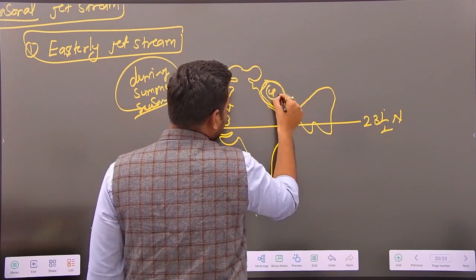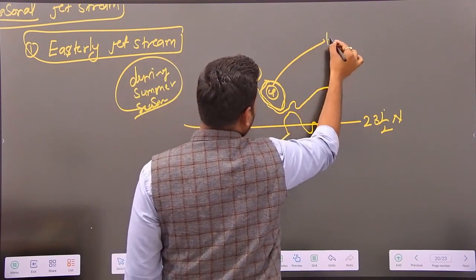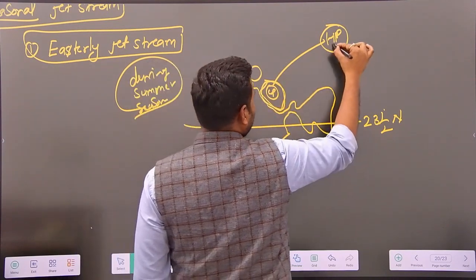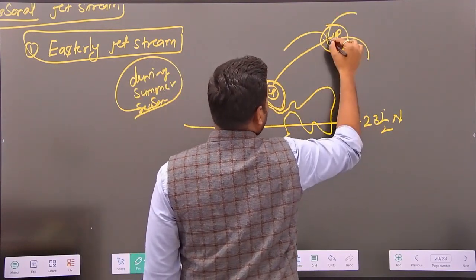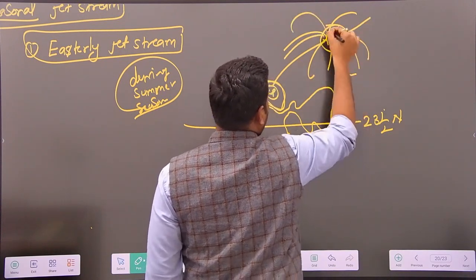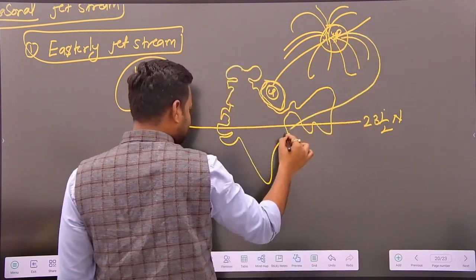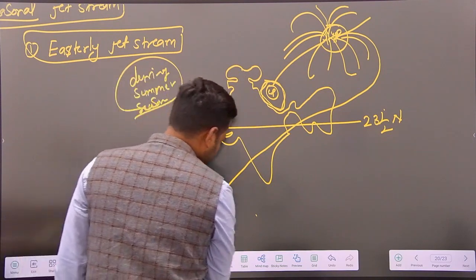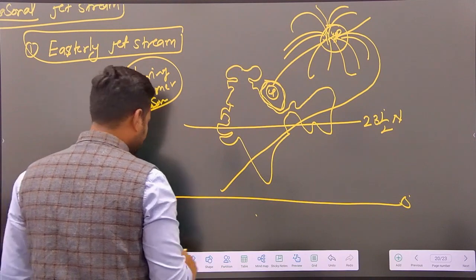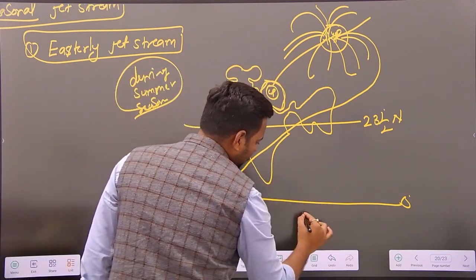Near the surface it develops low pressure, and above the surface in the troposphere there is a development of high pressure. When there is a development of high pressure, winds move outward from the center. This wind moves like this, and they cross the equator, because in the southern part of the equator there is winter season.